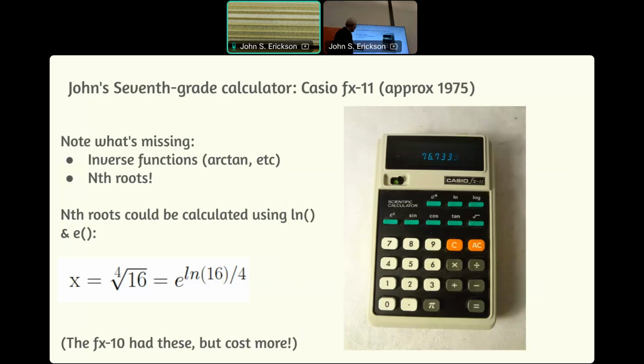Take e to the exponent, and that would give me that. And for some reason, the FX10 had those functions, and I don't know why. I couldn't afford the FX10, so I got the FX11. I couldn't afford inverse functions, and I didn't need them anyways. Okay.